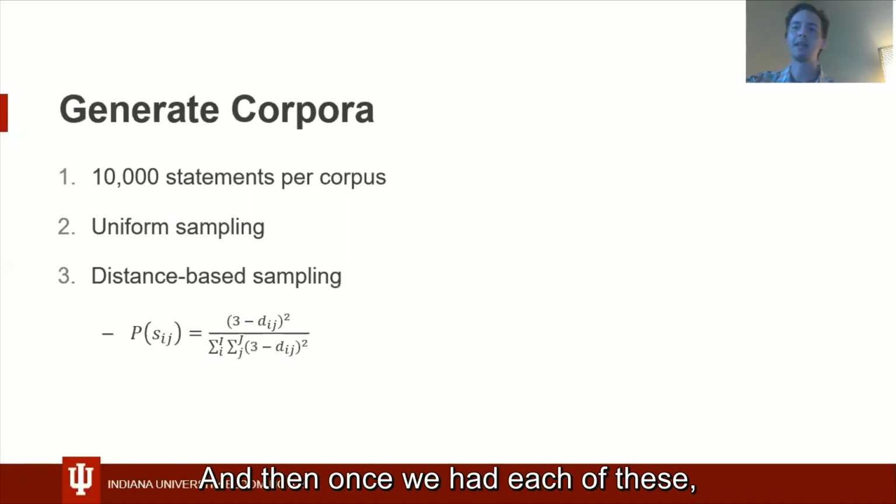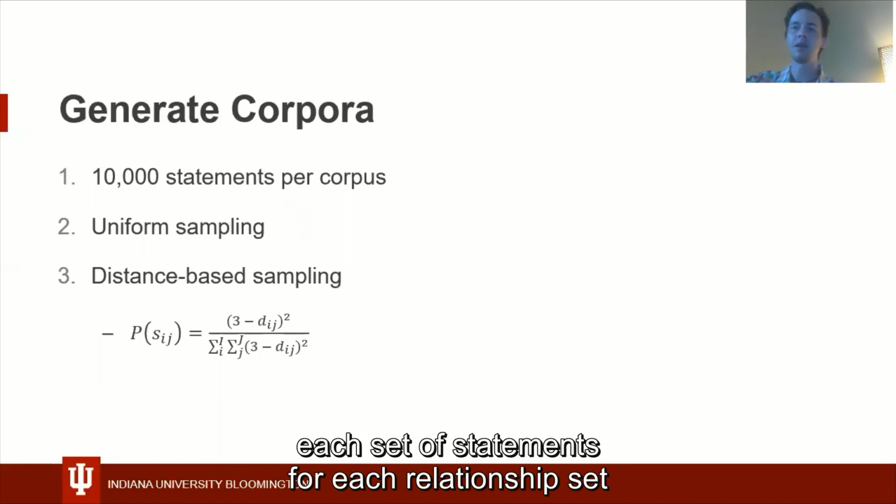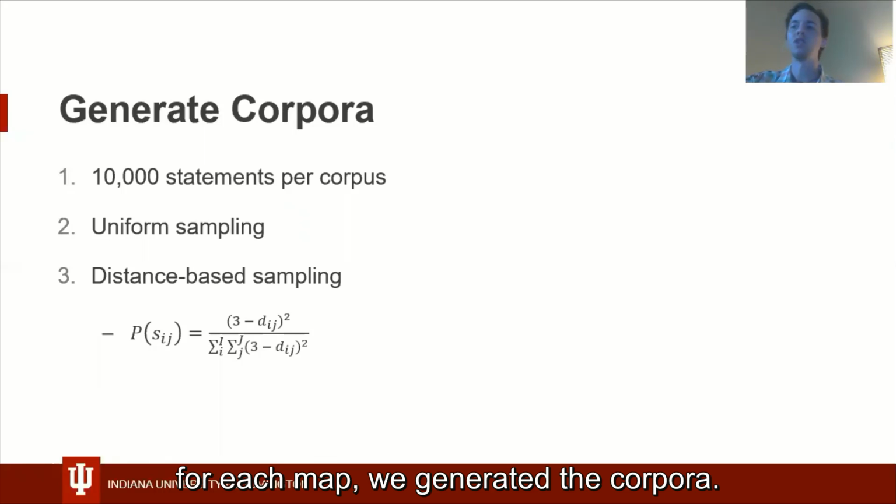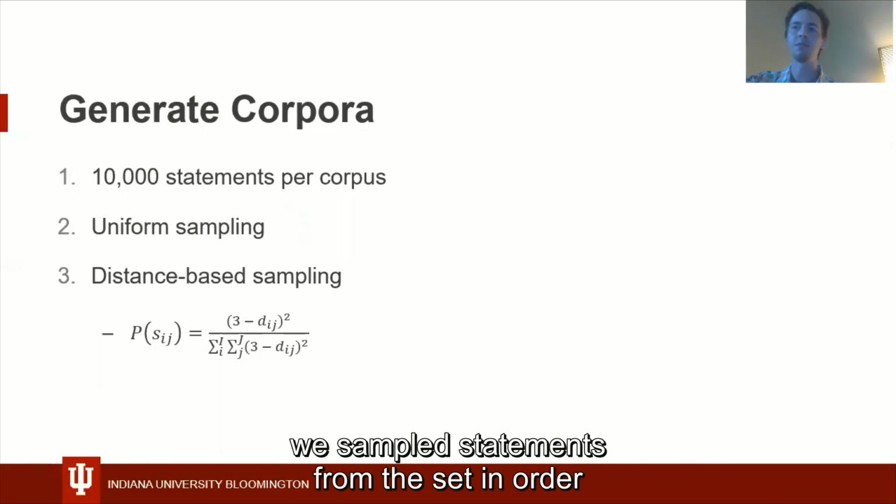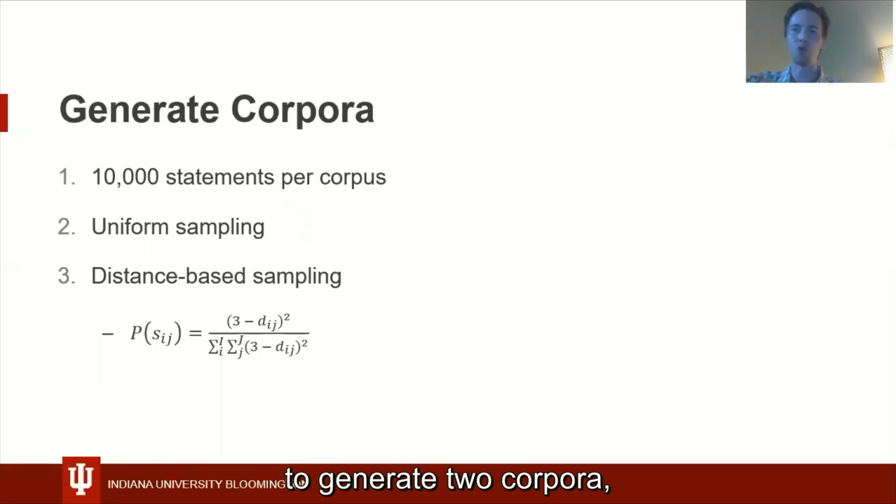And then once we had each set of statements for each relationship set for each map, we generated the corpora. Specifically, for a given statement set, we sampled statements from the set in order to generate 2 corpora.